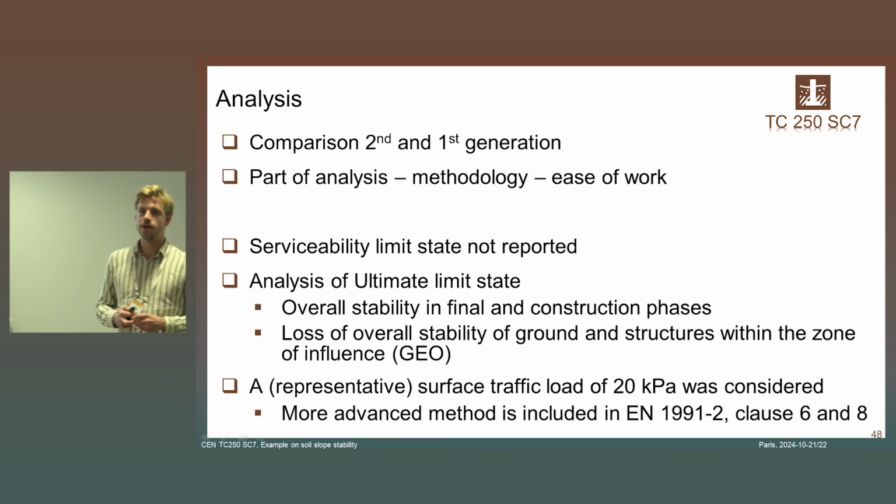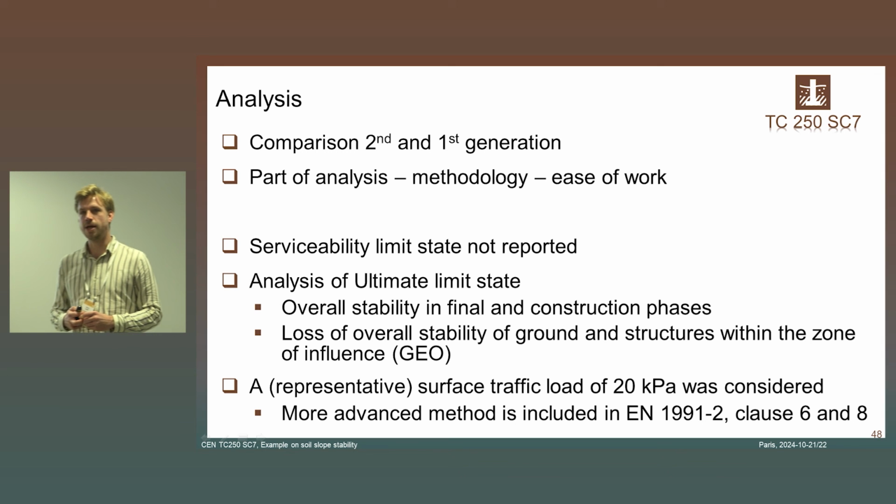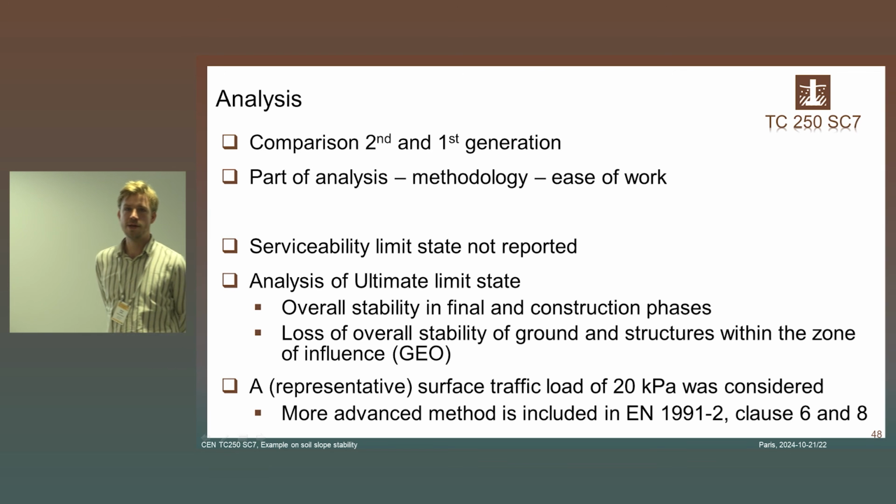In the calculation, also a traffic load of 20 kPa along the width of the existing highway is used, as the highway is still in use during widening and construction of the highway. It was also mentioned that more advanced methods or simplified versions are now added in the new Eurocode.